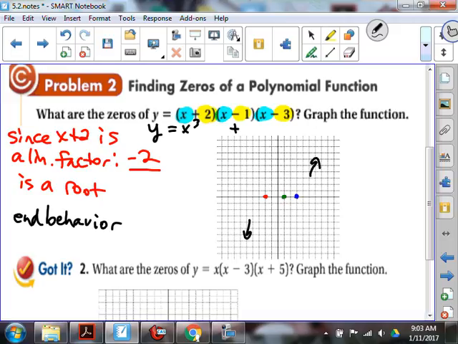Is it negative 6 or positive 6? It's going to be positive 6. And what does the constant of a polynomial tell us? The same thing as the b in a linear function. It's the y-intercept. So this graph would have a y-intercept of 6. And I think we could probably start filling in some of the details, huh?